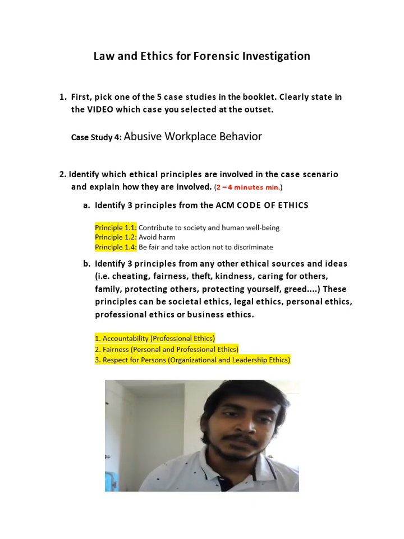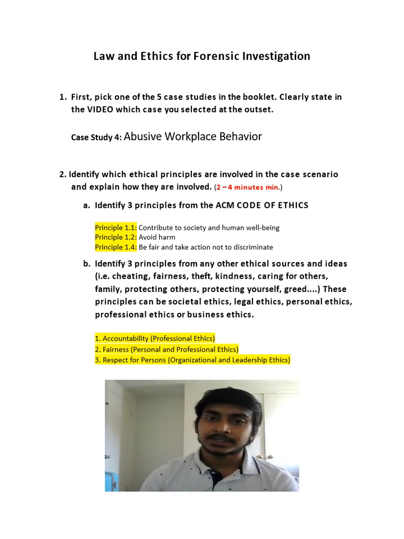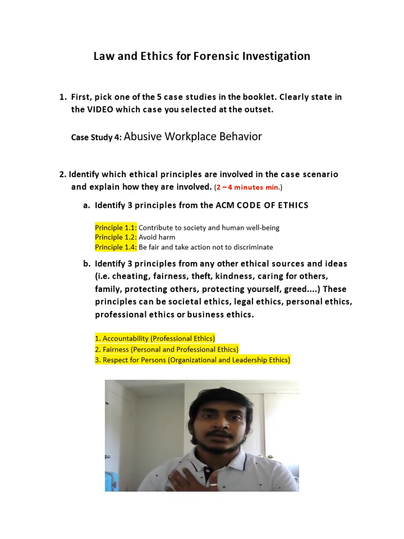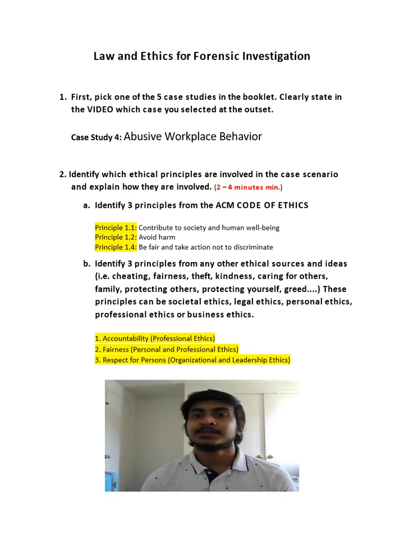Coming to part B, identify three principles from any other ethical source and ideas. So the first principle that I would like to involve is accountability, which comes under professional ethics.